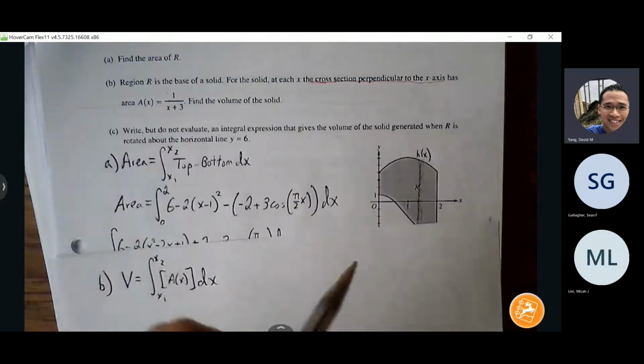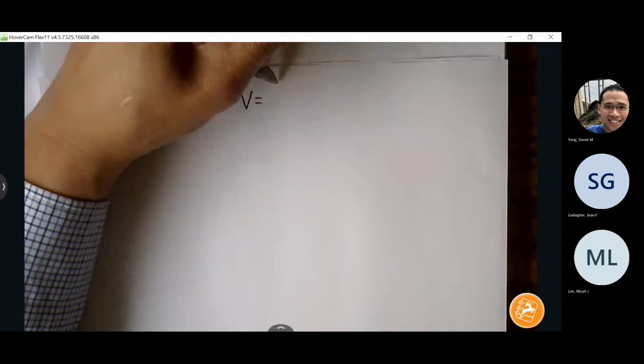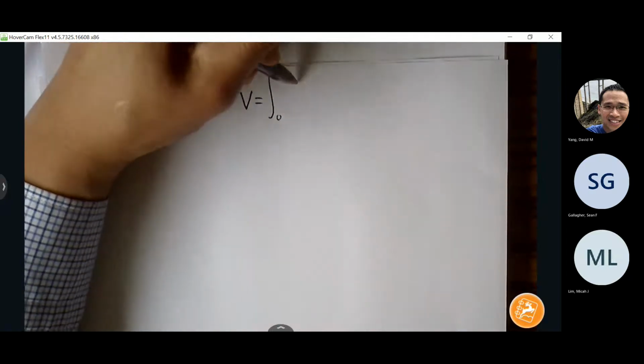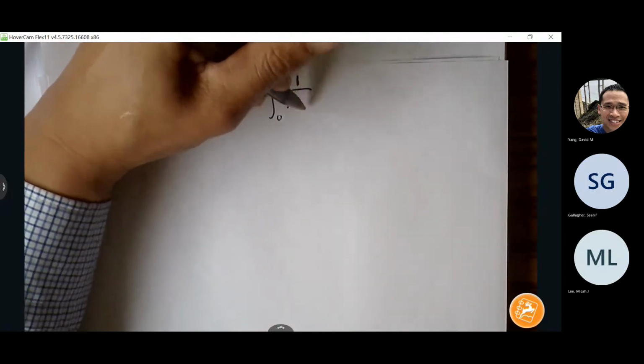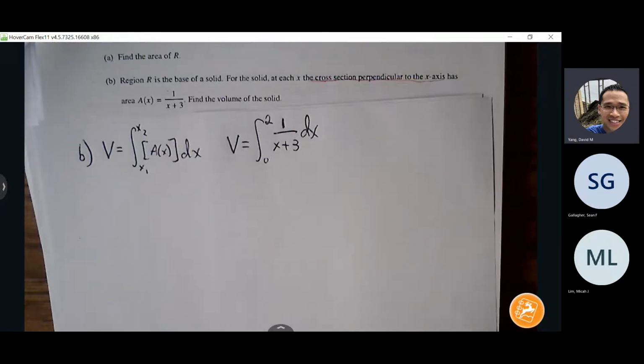Okay, our bounds though is from 0 to 2. So this is a fairly straightforward u-substitution problem.